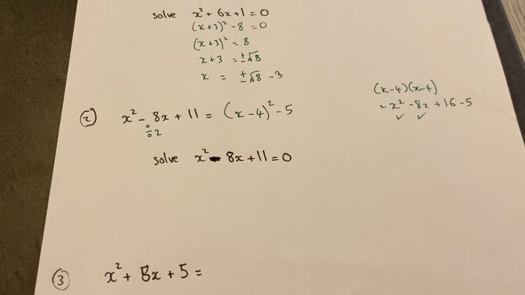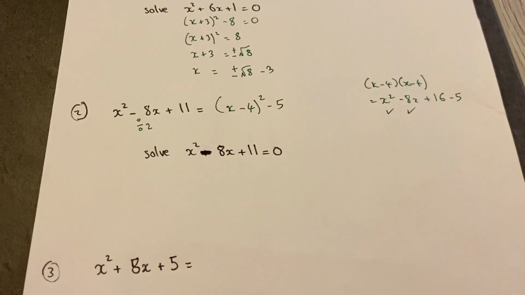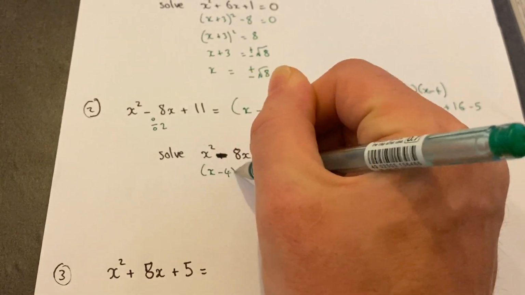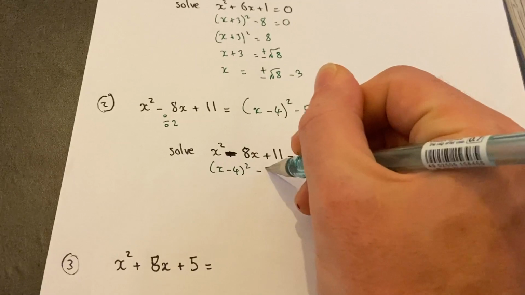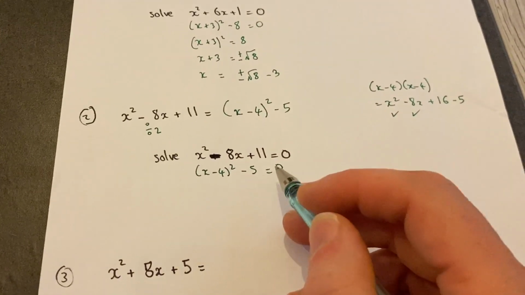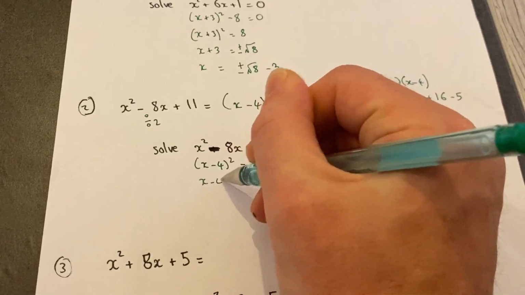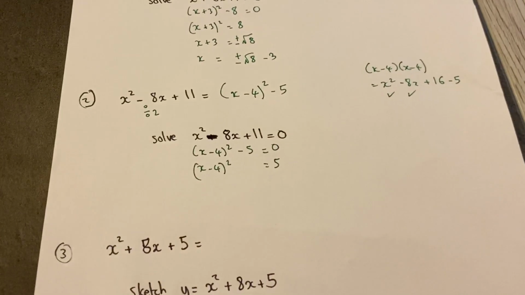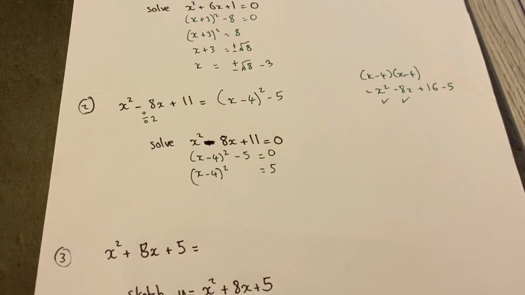So I've completed the square. Then to solve the equation, I rewrite it as x minus 4 squared minus 5 equals 0. I then add the 5 to the other side. I then find the square root to cancel off the square.